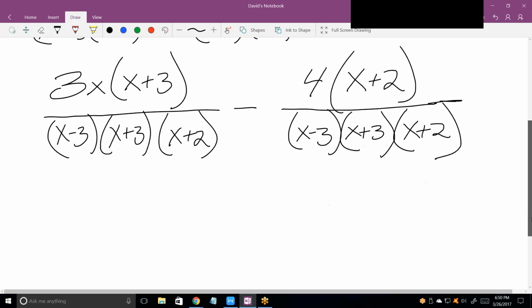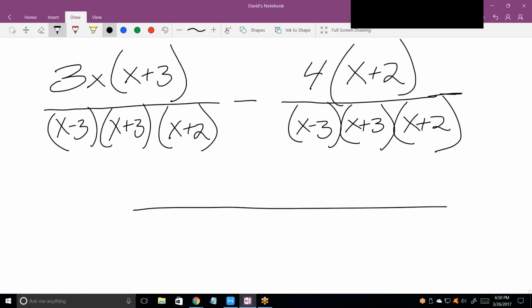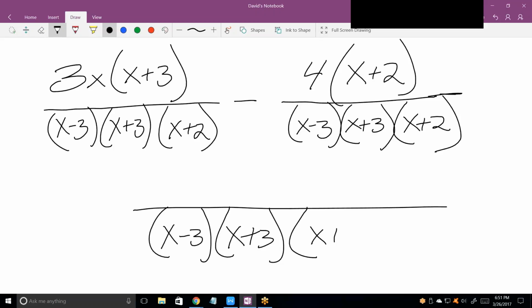Now, what do we do with this? So here's my common denominator. This is what my answer is going to have in it. How do I get a numerator? You multiply the 2.